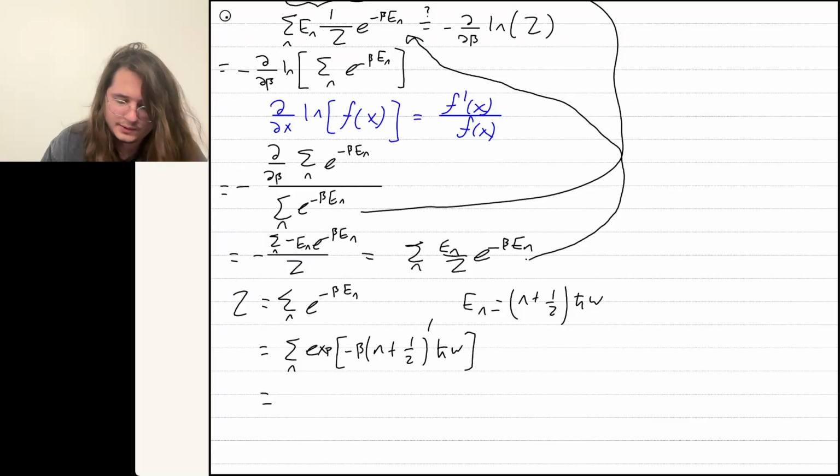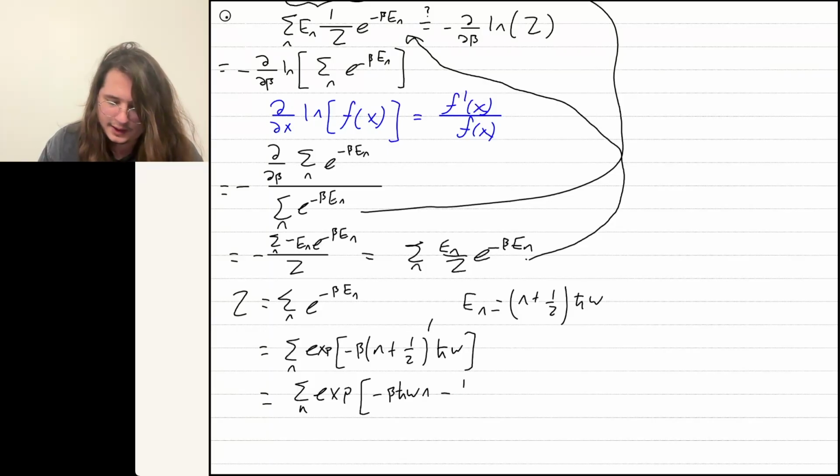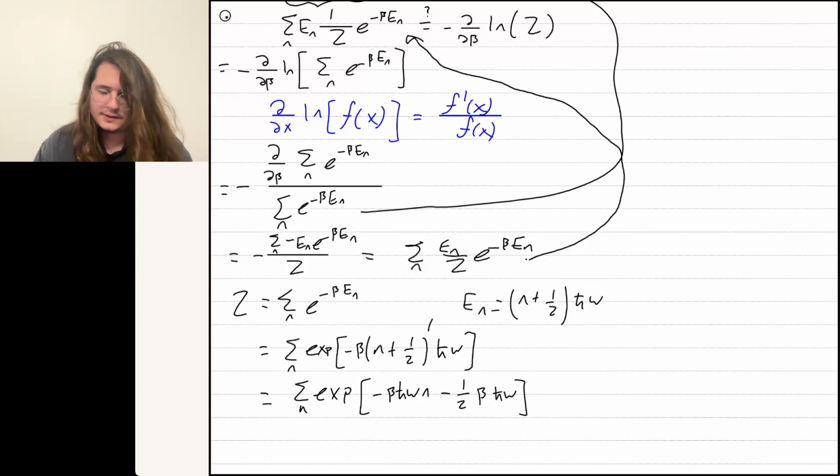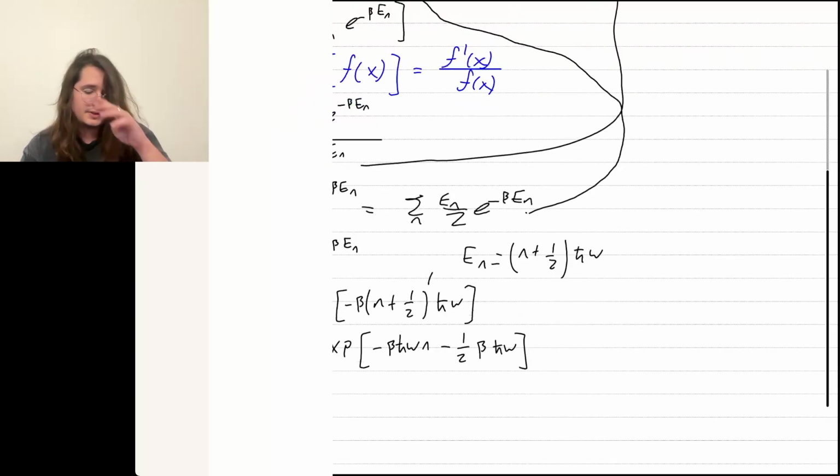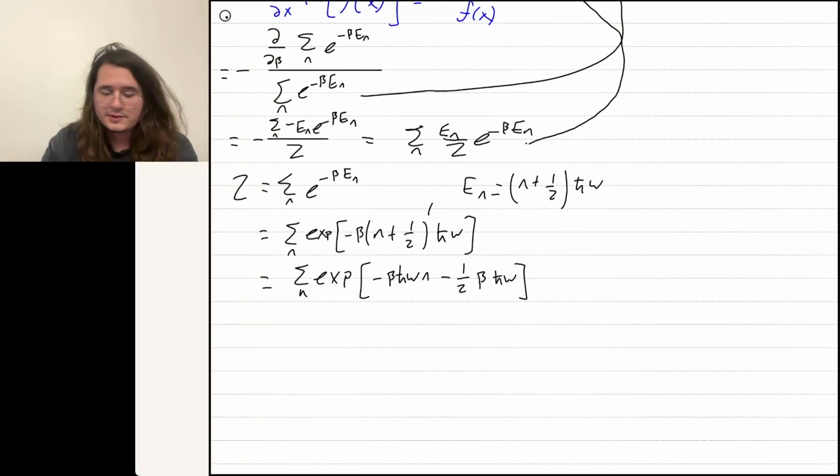You want to distribute the stuff inside the exponent a little bit. So you get minus beta h bar omega n minus a half beta h bar omega. Now notice that the second term inside of that exponential can be pulled outside of the sum. So we actually get something like e to the minus beta h bar omega over 2.